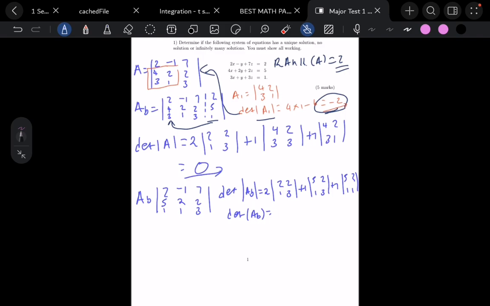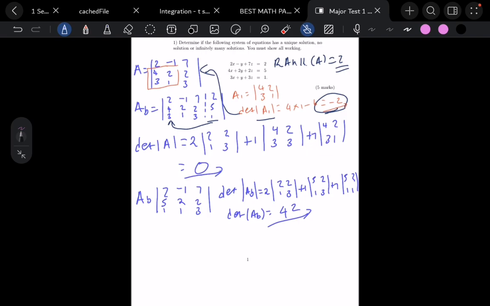So what is the determinant of this matrix? It is 42. So the determinant of AB is 42.